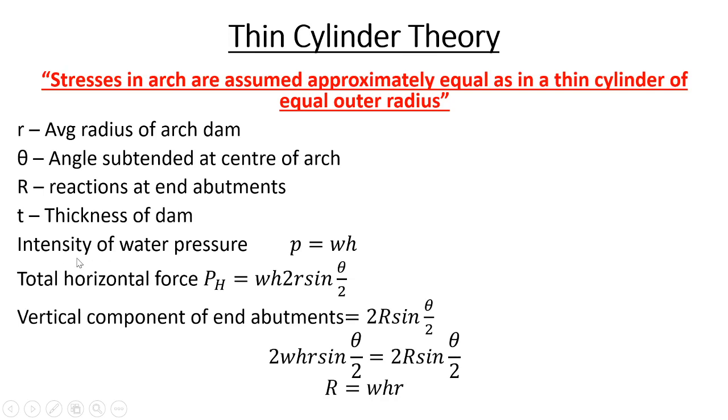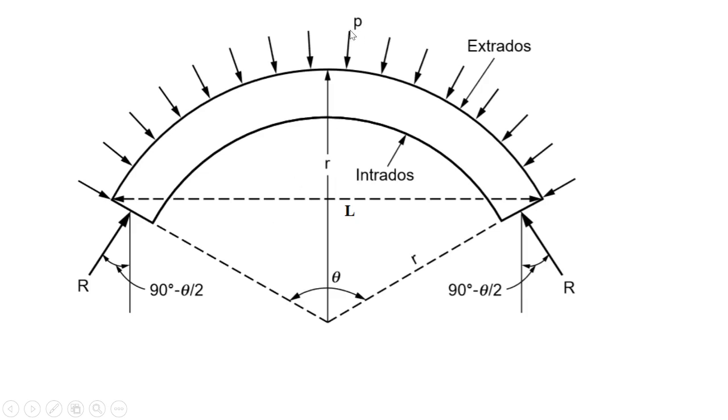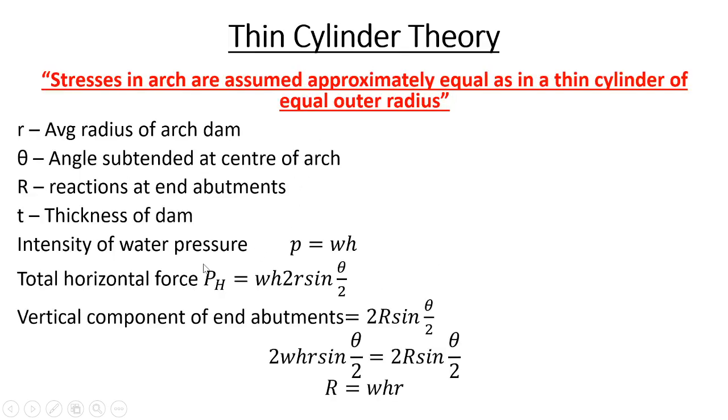And I told you the intensity of water pressure that is being exerted at the extrados. So the intensity of water pressure, small p, equals w times h. Now the total horizontal force P_H due to water pressure will be equal to, every time if you want to calculate the force, you multiply the intensity with the area.